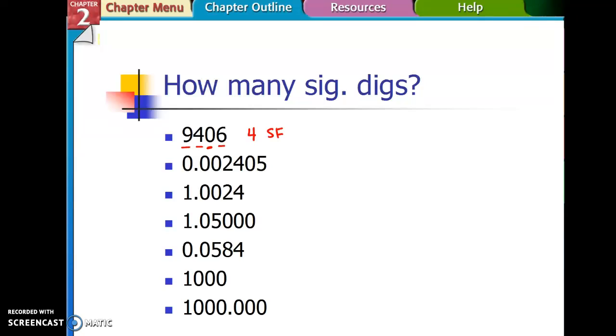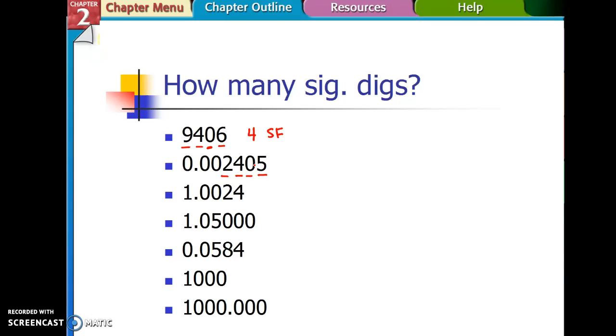Let's look at our next example. The number that we're given mathematically is 0.002405. So, what do I know is significant? The 2, the 4, and the 5, because they are non-zero digits. So that's Rule 1. Rule 2, sandwich zeros are significant, so that makes the 0 between the 4 and the 5 significant.